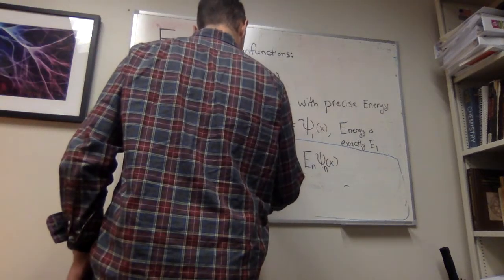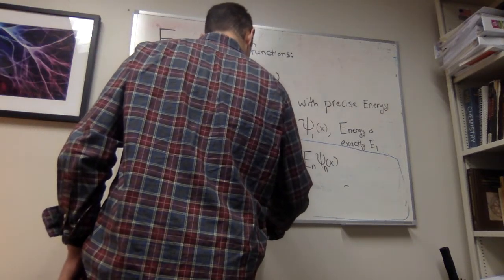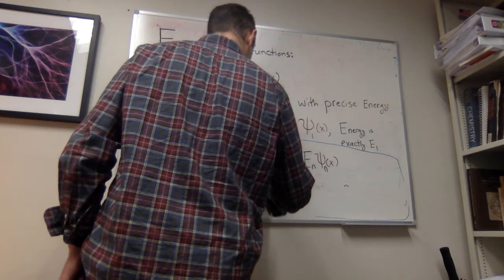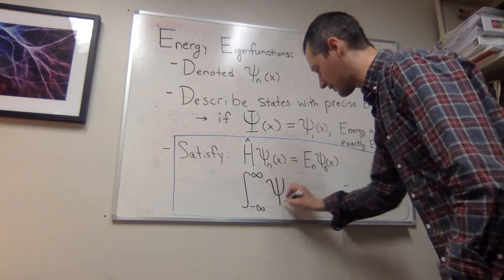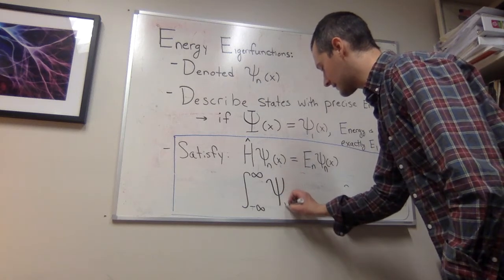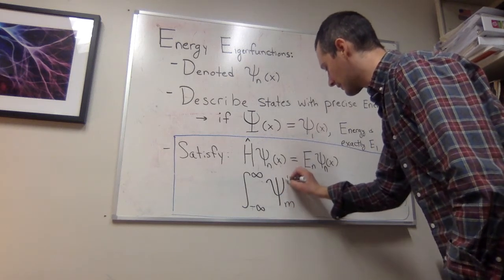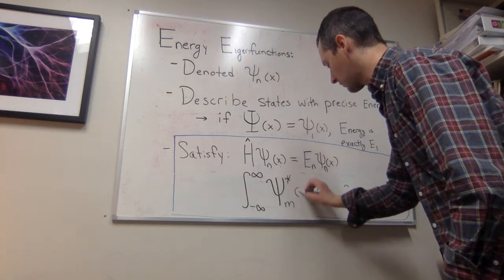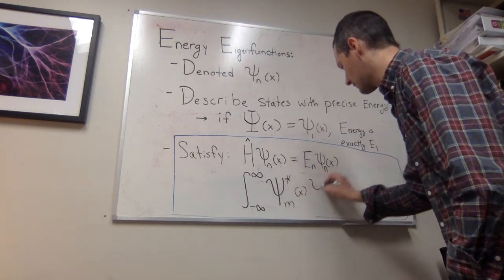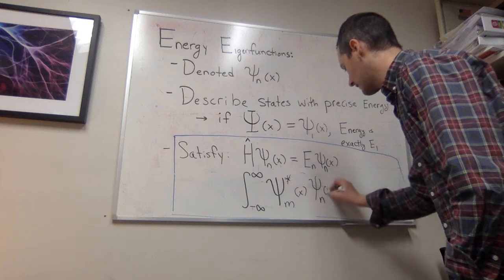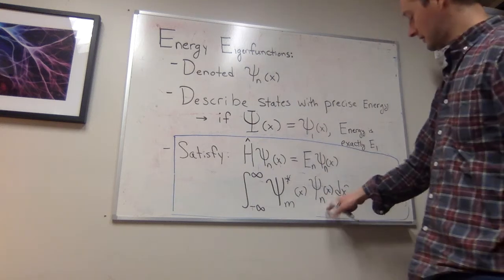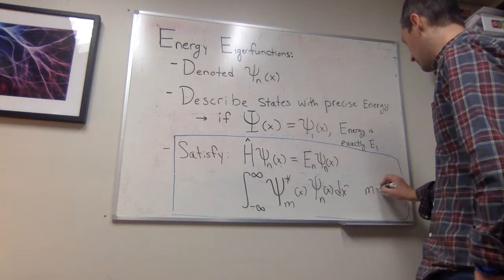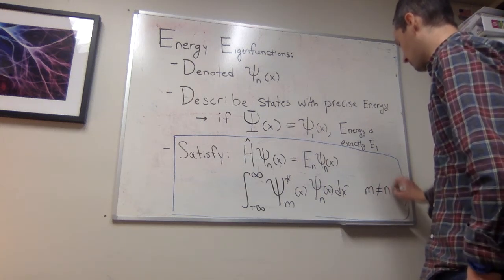I'm going to write the integral still over all space, but I'm going to feed the integral two different energy eigenfunctions. One I'm going to call psi sub m star of x, and the other one I'm going to call psi sub n of x dx. And I'm going to say that the number m is not the same as the number n.